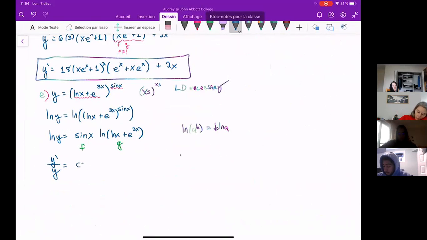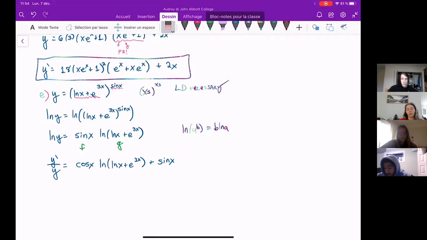Yes, so I have cosine x ln of ln x plus e to the 3x plus sine x, again in the chat, what's the derivative of my g there? This is going to be a little harder to type in.